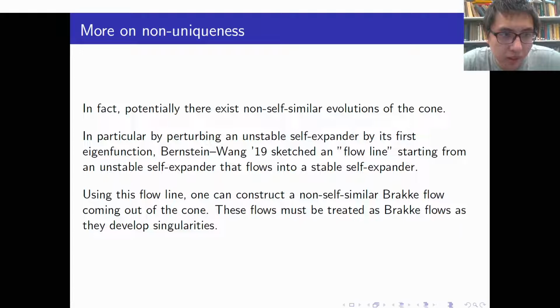If you have an unstable self-expander sigma, the perturbation is going to be f epsilon of sigma, the graph where f epsilon is the identity on sigma plus epsilon times f, where f is the first eigenfunction.